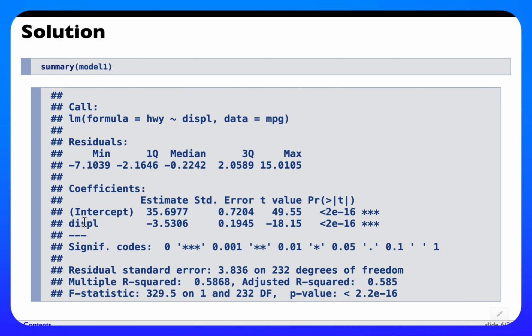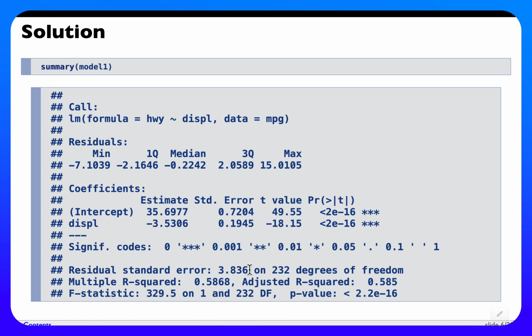Okay, there's the summary of model1, and I'll point out the interesting things in it. It says the intercept value is 35 point something, and the displacement value is negative 3.5 something. And you see the summary statistics. The one I'm most interested in, I'm a little bit different than the authors of the book, is the residual standard error.